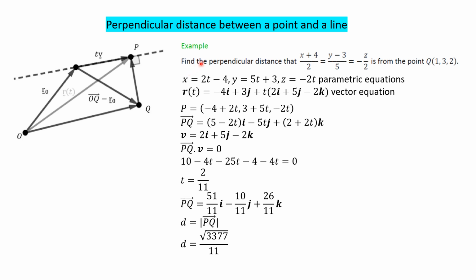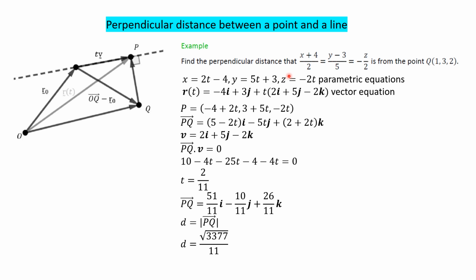Parametric equation, this means you make x, y, and z the subject, so that depends on the t. So for example here, t is equal to x plus 4 over 2. So rearrange that, you will get x equal to t minus 4. And you apply the same method for the y and the z.